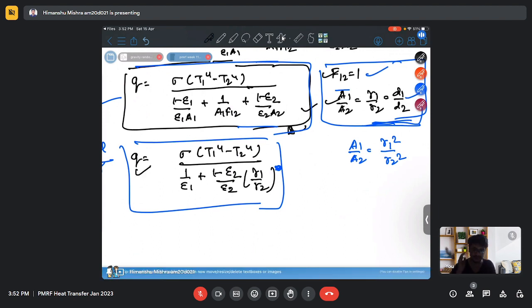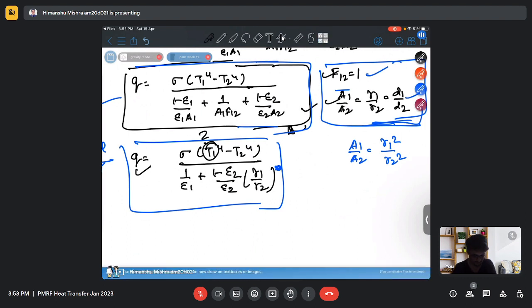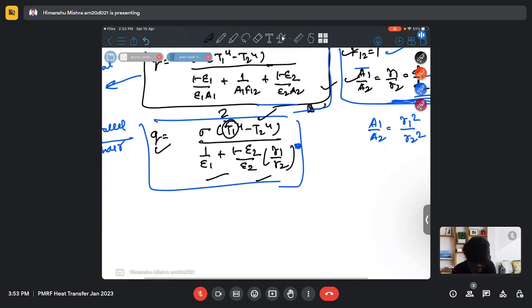So we just need to plug in the values. We have been given the heat transfer here, and we need to find T1, because T1 is the unknown quantity, and we have been given T2 and all the emissivities.